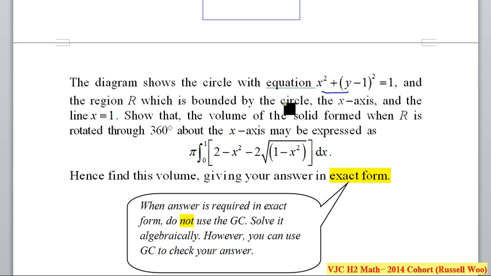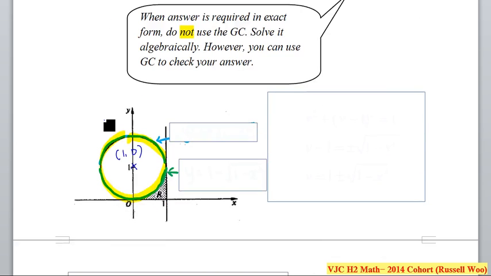Region R is bounded by the circle, the x-axis, and the line x equals 1. Let's look carefully. One more time. Region R is circle, x-axis, and x equals 1. So clear cut, the region is here. Alright.